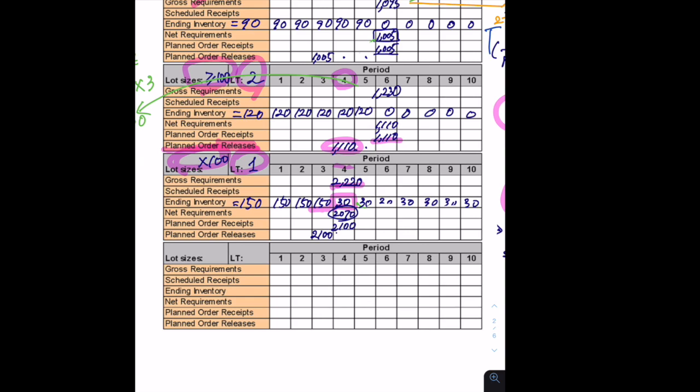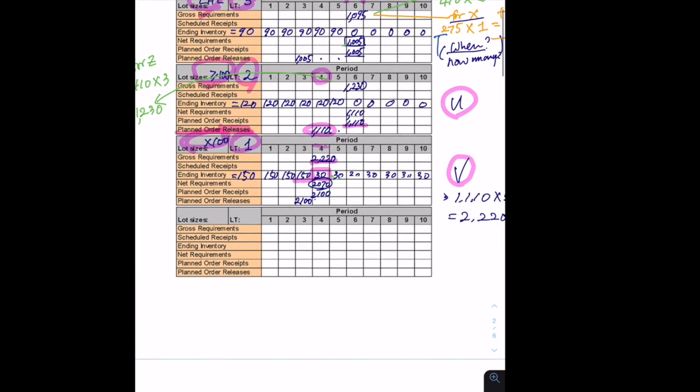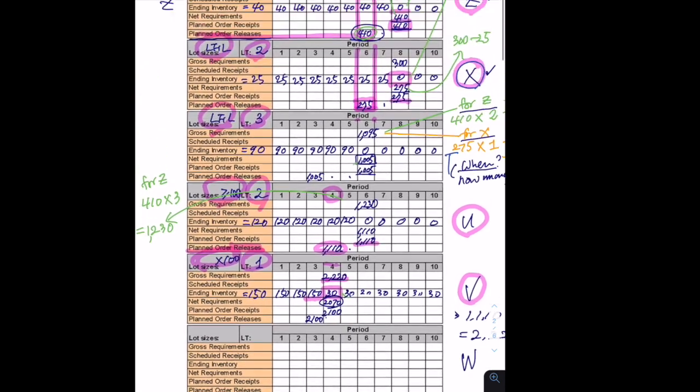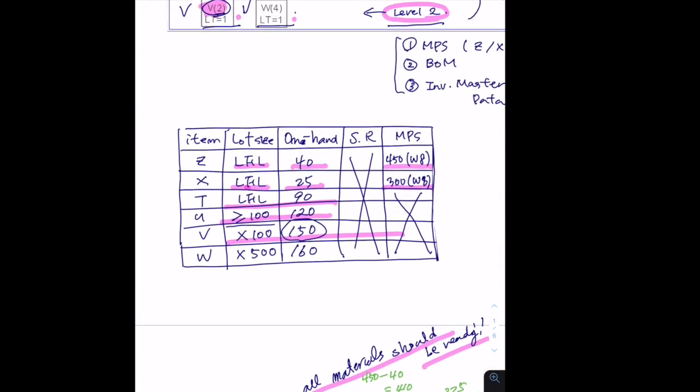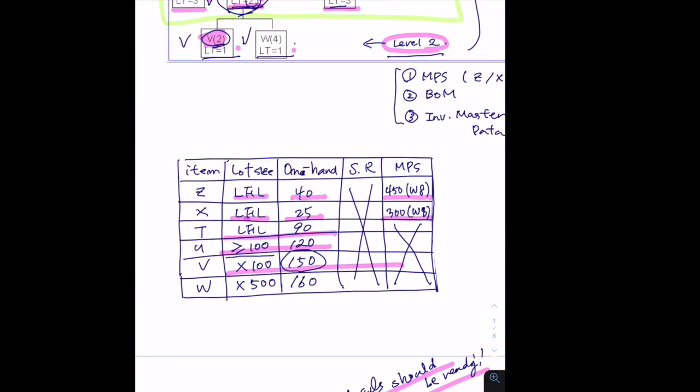Now only one left, the last one, W. So let's look at W. If you look at the BOM first, when do you need W? You need W, again, to make U. So here, if you look at W, you need 4 W's and the lead time is 1.